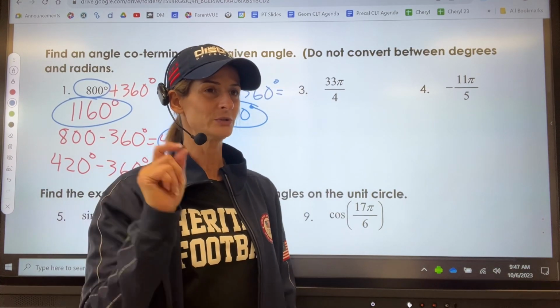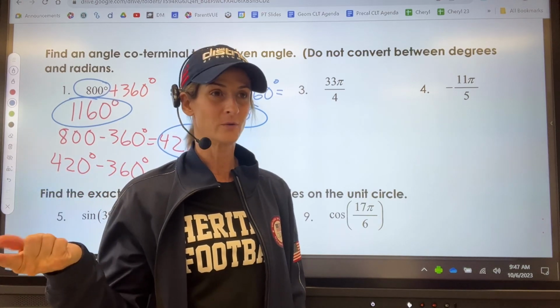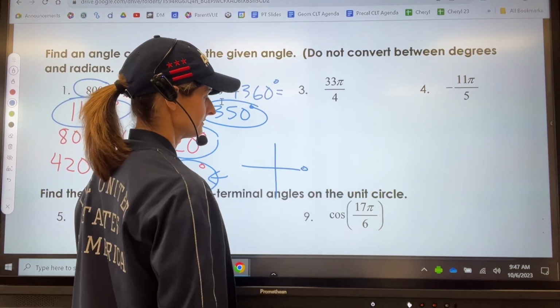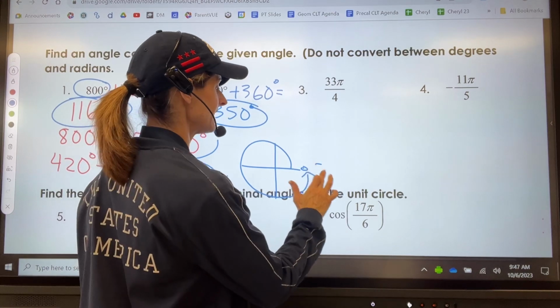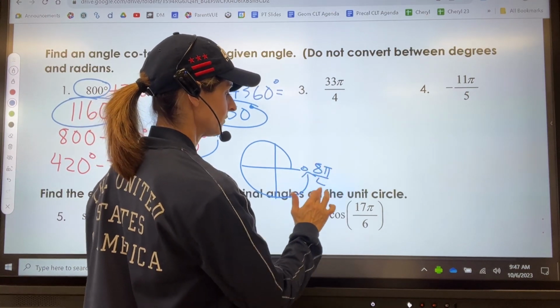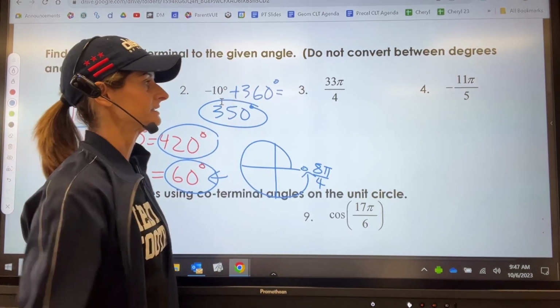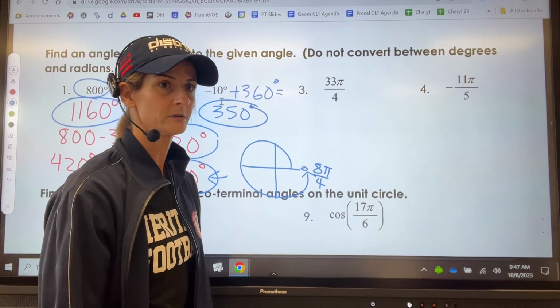All the way around the circle, 2 pi. How many fourths is that? 8. 8 fourths, right? So if I had 0, and I went around 2 pi, and I wrote 2 pi in fourths, it would be 8 pi over 4, and that's equal to 2 pi. So instead of adding 360, I'm going to add 8 pi over 4, or subtract 8 pi over 4, okay?